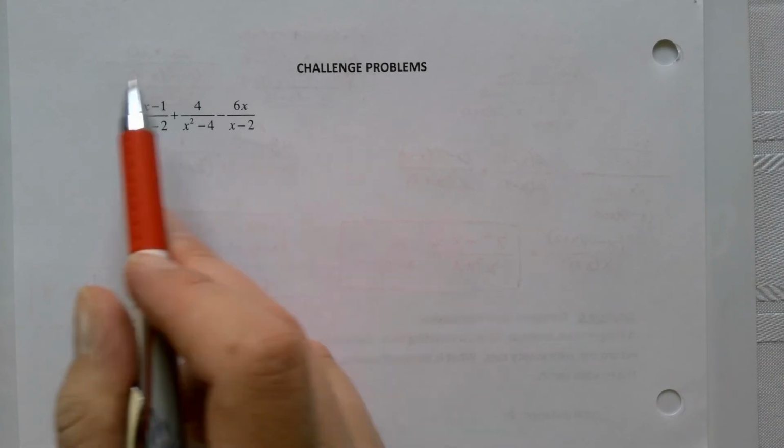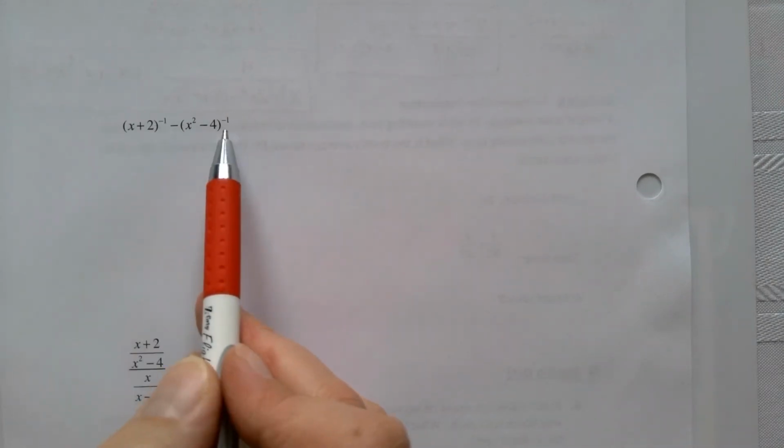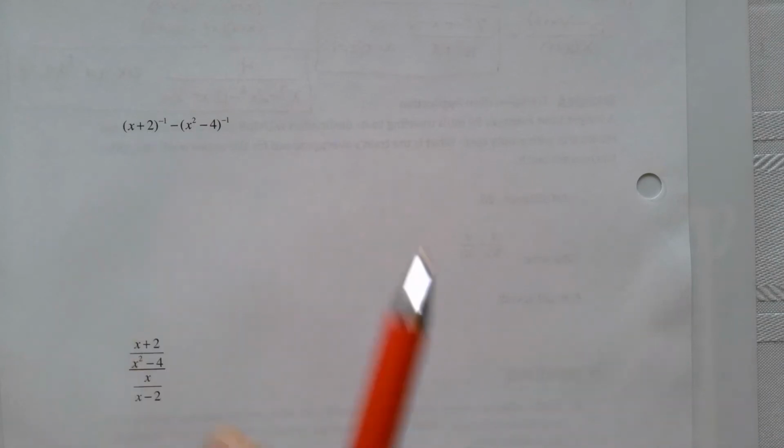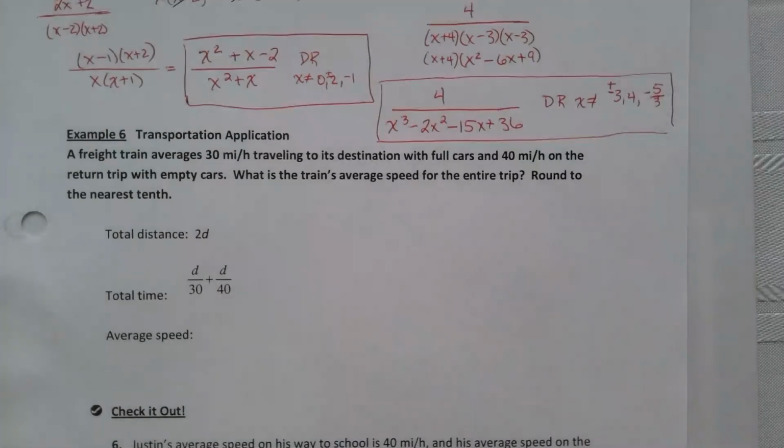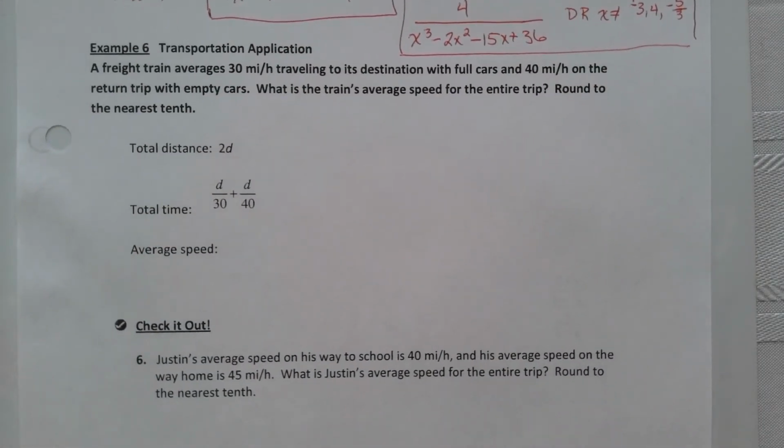Notice it's not a complex fraction. Same deal. What makes this one a challenge is that you have a negative power, and so we have to think about those rules. And then I don't think this one's a challenge. It's just an extra problem because it's something that we can do pretty basic. So I wanted to show you what's coming up, but I did want to still take the time and go over this application problem with you.